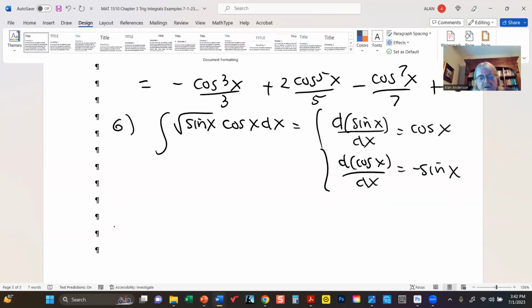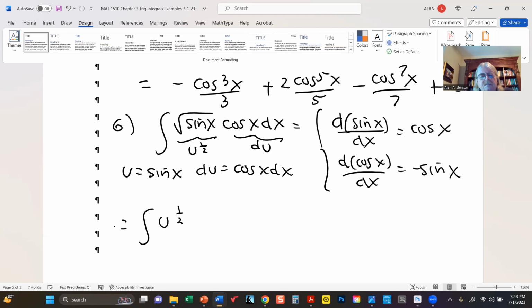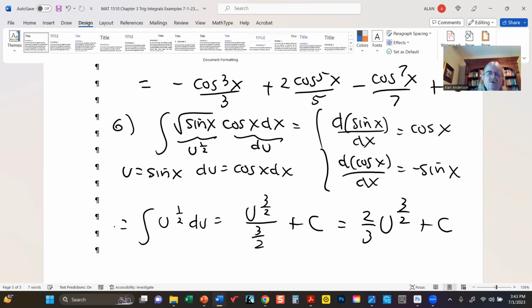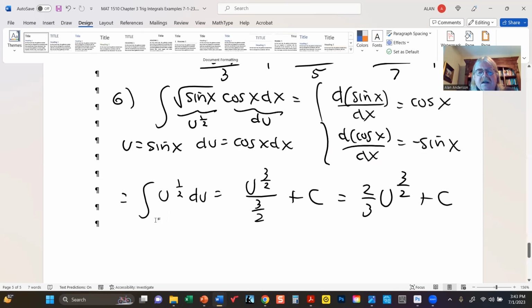If we let u be the sine of x, then du is cosine x dx. That could be our du. So then what we have here is just simply u to the 1/2 power. By the power rule, we have u to the 3/2 power over 3/2, or 2/3 u to the 3/2 power. And then, of course, we replace the u with the sine x.